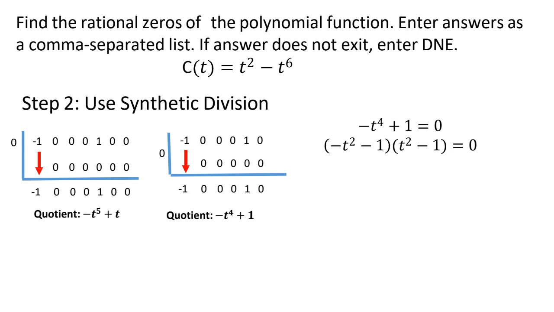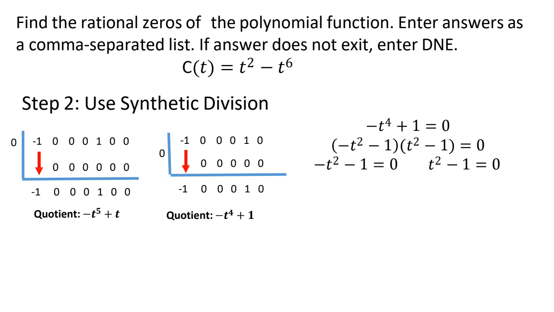This is what I would have done. I would have stopped here because I can see that we can simplify this, right? We can subtract 1, take the square root of both sides, and we can see that this term can factor into these two terms: minus t squared minus 1 times t squared minus 1. Again, I use my zero property to solve. On this particular one, I'm going to subtract 1 on both sides and divide by -1 on both sides.